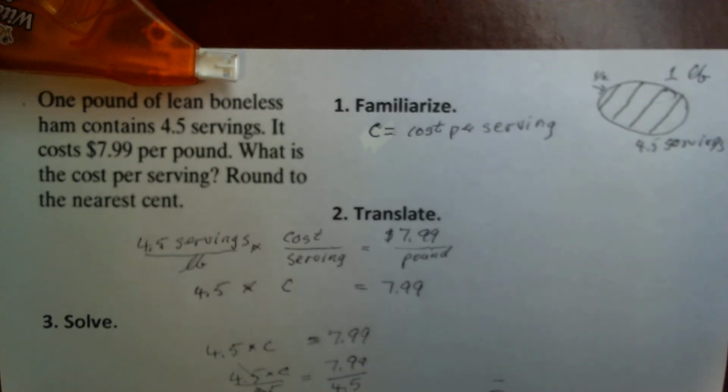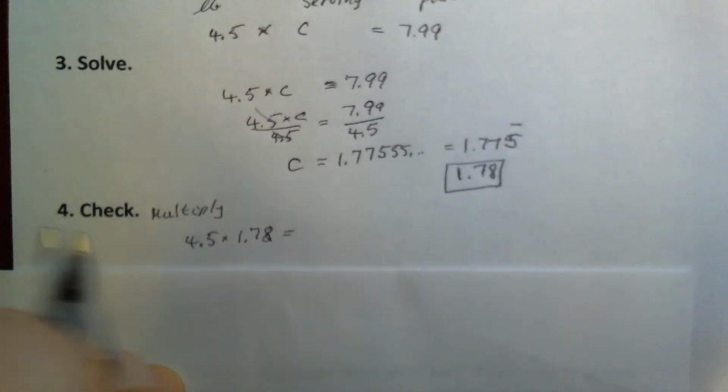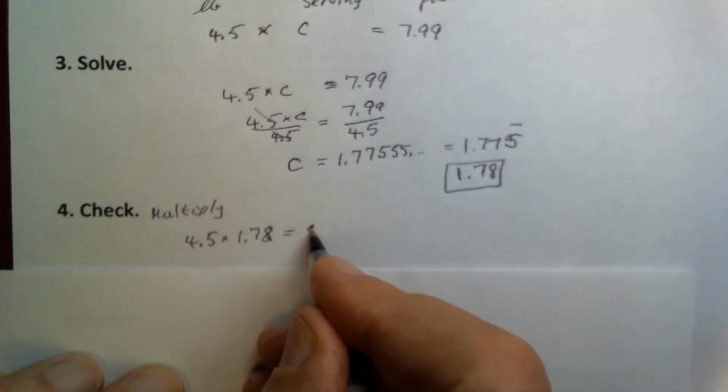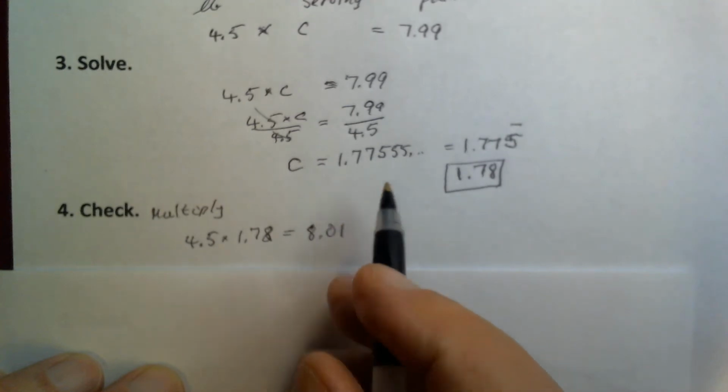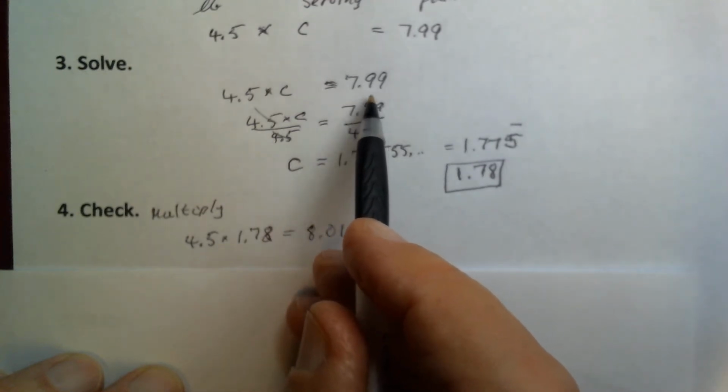We can check our calculations, and that is we multiply 4.5 times 1.78, which is equal to 8.01, which means it's within 2 cents of the actual amount.